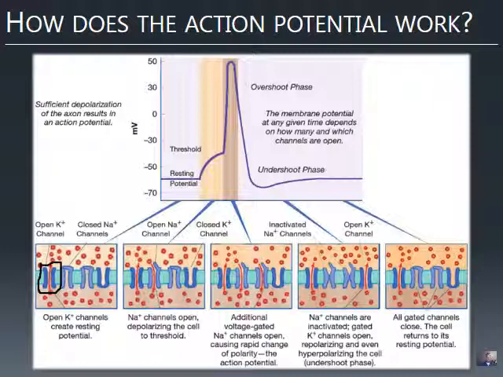So with these open channels, a little bit of potassium flows out, but the neuron has a molecule or set of molecules in place that are constantly pumping in potassium and pumping out sodium. And that's how the neuron maintains these concentration gradients, how it maintains a lot of sodium outside and a lot of potassium inside. So it's just sitting there at its resting potential, a little bit of potassium going out.